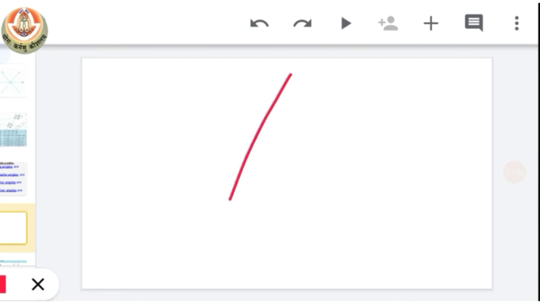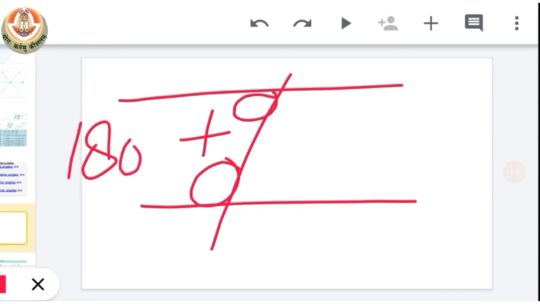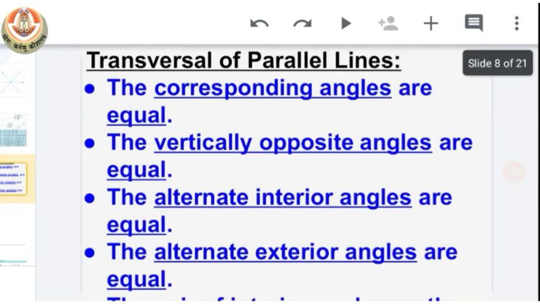That means if a transversal intersects two parallel lines, then each pair of interior angles on the same side of the transversal is supplementary. That means their sum will be 180 degrees. Okay class? But all these things hold only when parallel lines are intersected by a transversal.